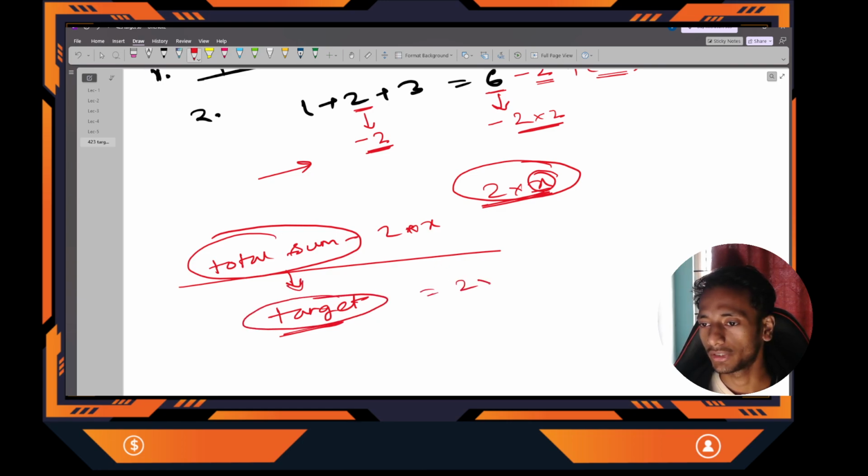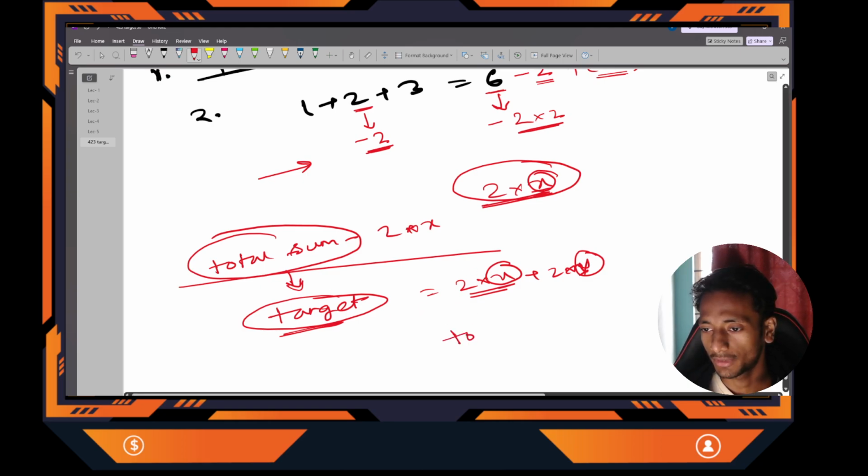The difference will be, suppose, 2 into x. Suppose it can be plus 2 into y, because suppose I have to convert two numbers from positive to negative. It may be possible that we have to convert two numbers x and y. More than 2 is also possible. So assume that I have to convert any two numbers x and y. Okay. So the total sum will decrease: total sum minus 2x minus 2y.